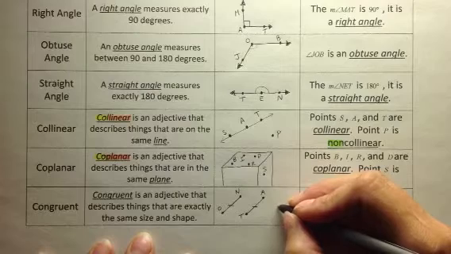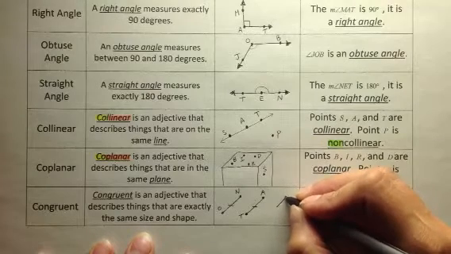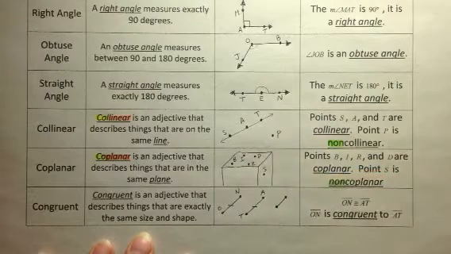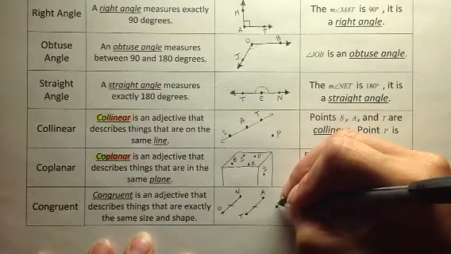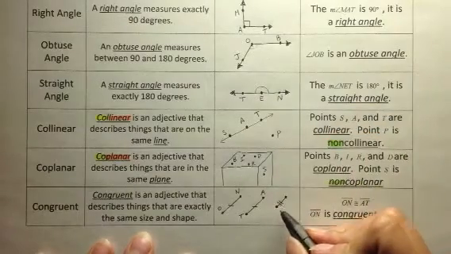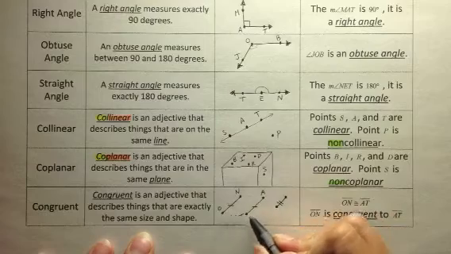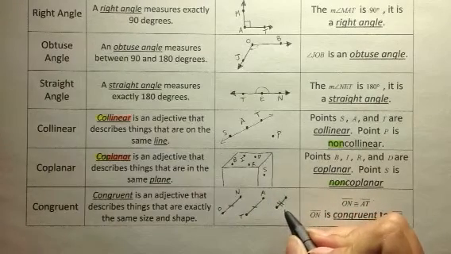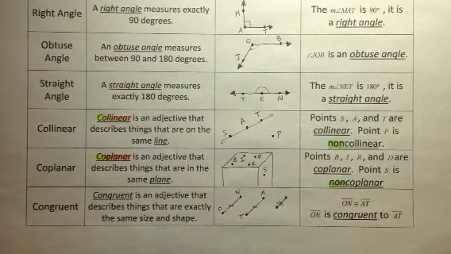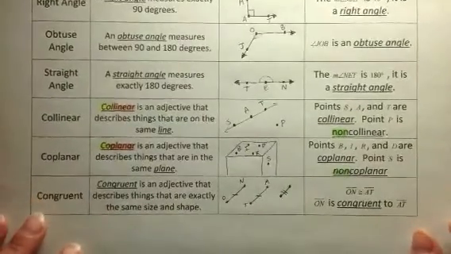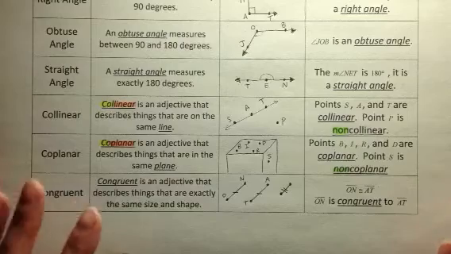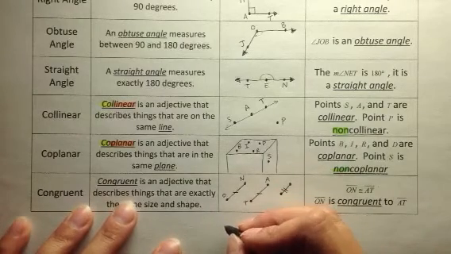If I drew a third segment here, and it was a little shorter, I might put 2 marks and tell you that, okay, that means that these two are the same, but this is some different length. Okay? You can also do this with angles. So let me just scoot this down and we'll draw a couple angles at the bottom. I want to show you what that would look like.